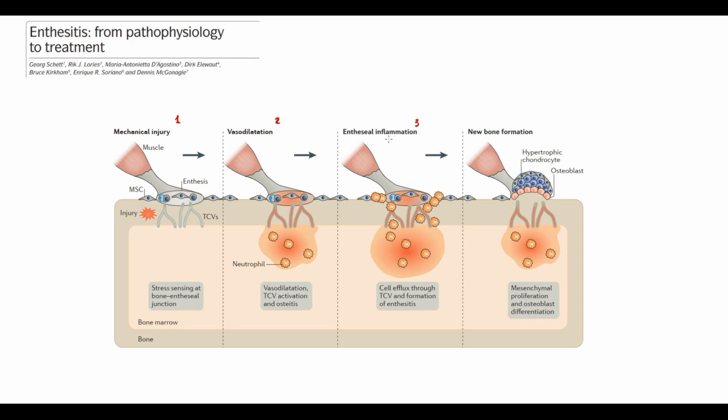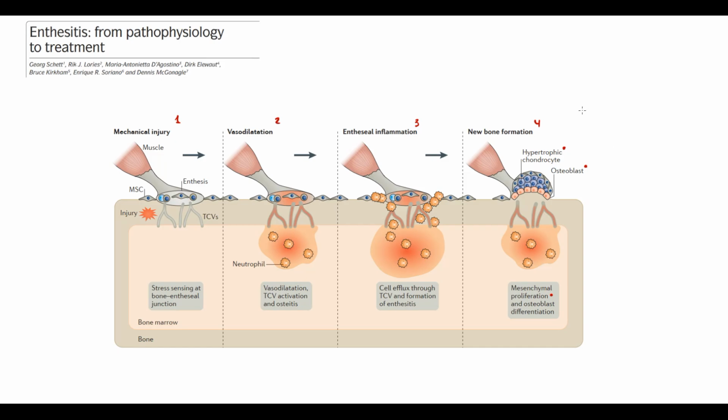And with activation, osteoclasts begin to destroy bone tissue. In response to inflammation and activation of osteoclasts, mesenchymal tissue begins to proliferate, and at the same time, osteoblasts begin to produce new bone tissue in a process called neosteogenesis.